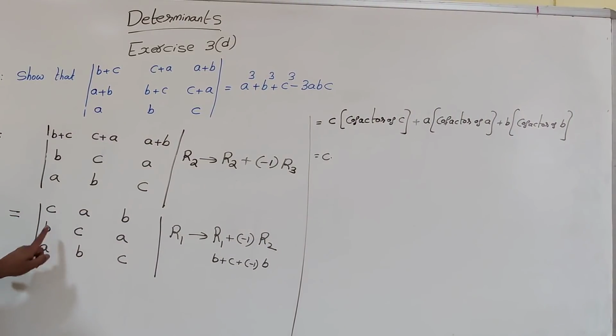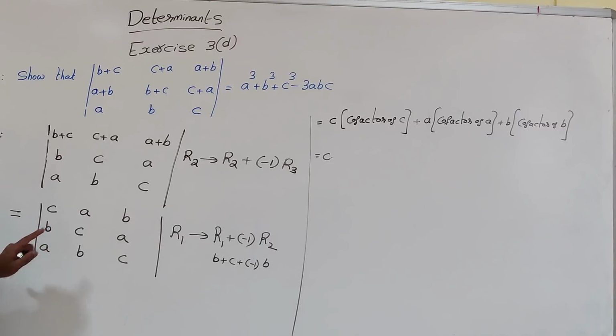That gives the determinant of a 2 by 2 matrix after hiding the first row and first column. So the elements will be C, A, B, C.